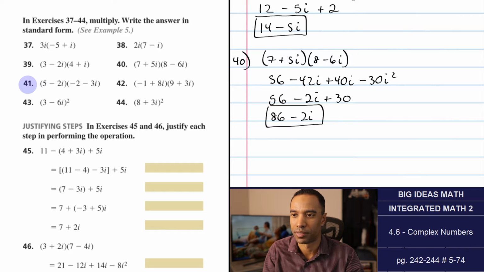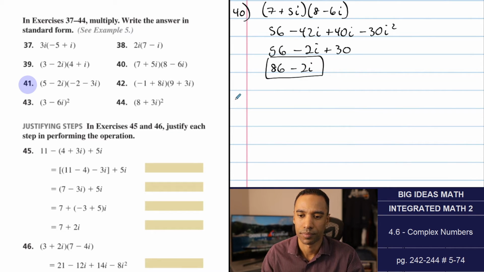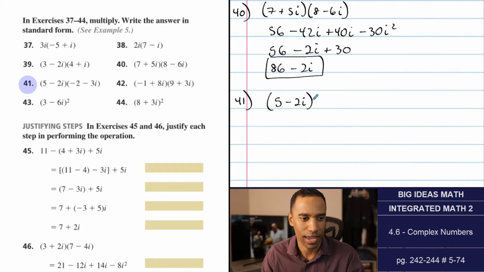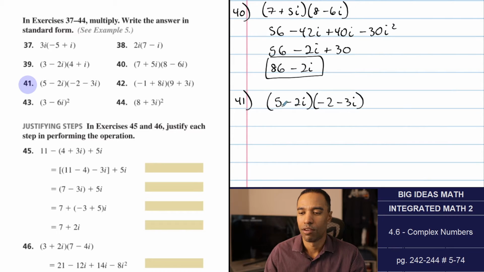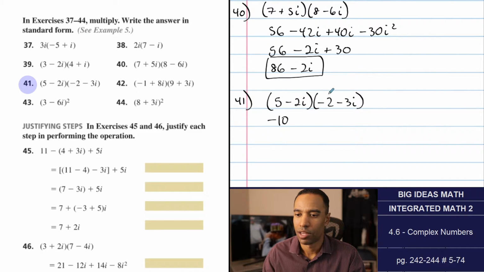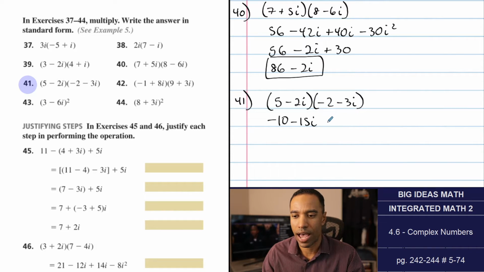Okay, number 41. We have 5 minus 2i times negative 2 minus 3i. 5 times negative 2, 5 times negative 3i. Negative 2i times negative 2, positive 4i.